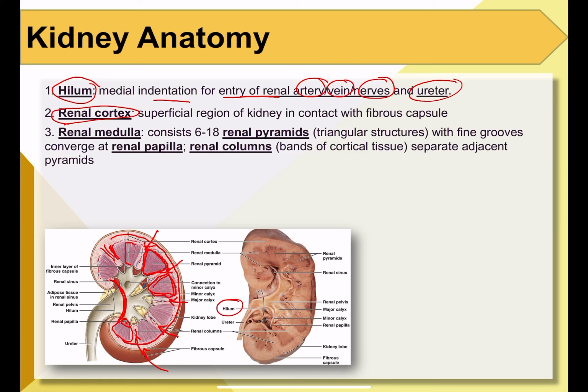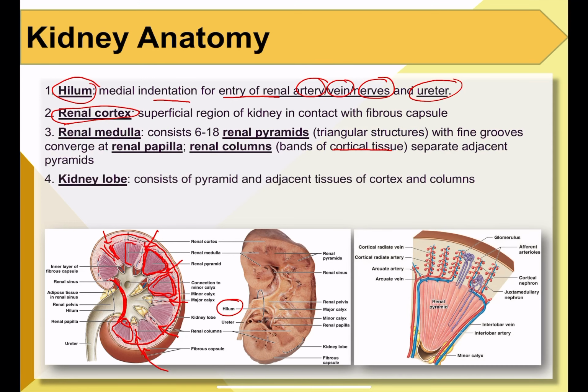Okay, there are bands of your renal cortex tissue. So that's why it's cortical tissue, because it's the same tissue that makes up your renal cortex and separates those pyramids from each other. And then you have a kidney lobe like this.